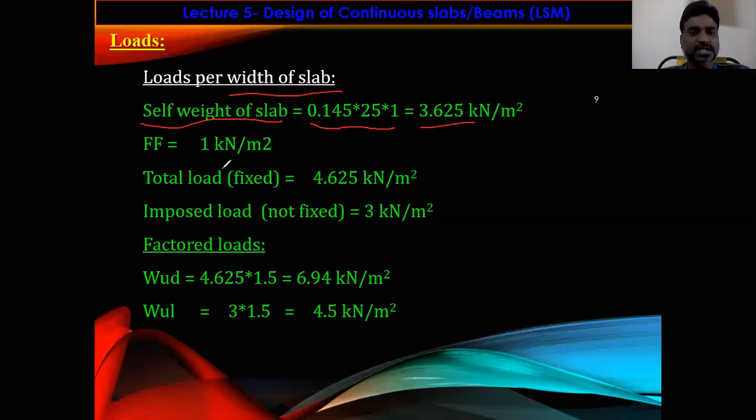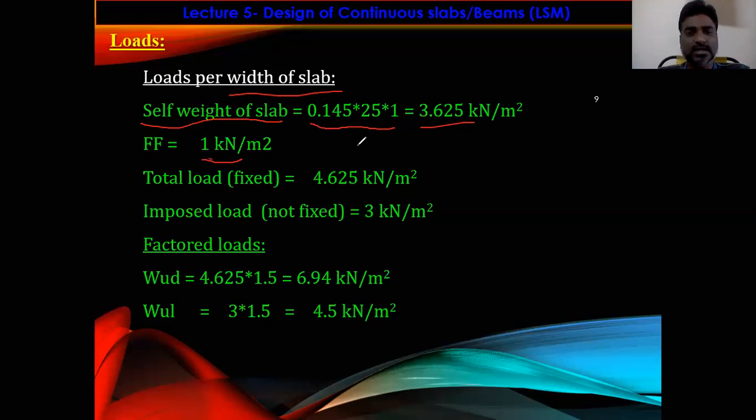The floor finish is 1 kilonewton per meter square. This is also considered as fixed because it has to be there throughout the lifespan of the slab.